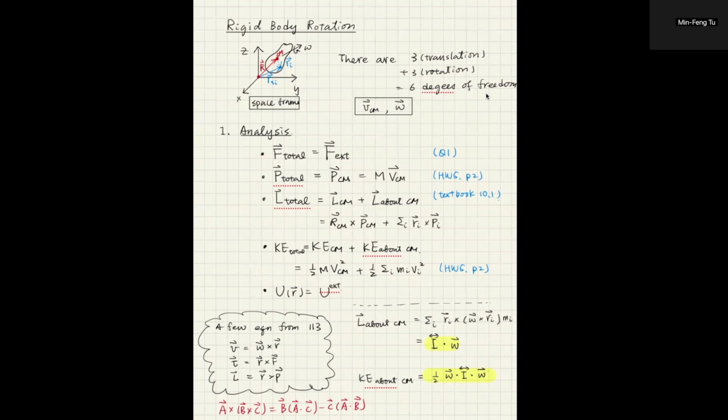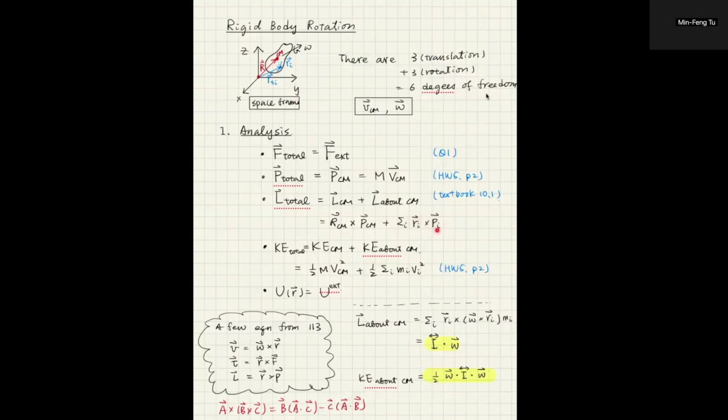Out of all of this, the internal angular momentum and the internal kinetic energy can be written in a better format. Let's take a look at the internal angular momentum. Internal angular momentum is R cross P, but with respect to the center of mass.